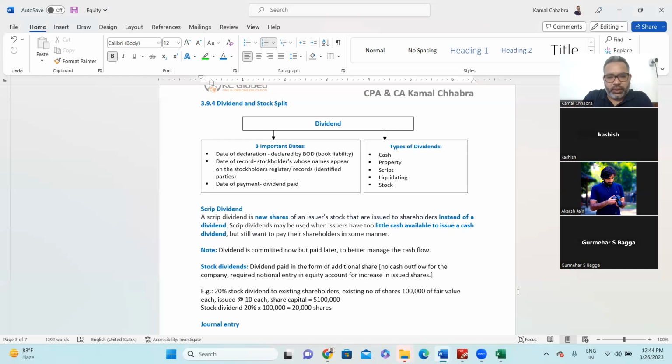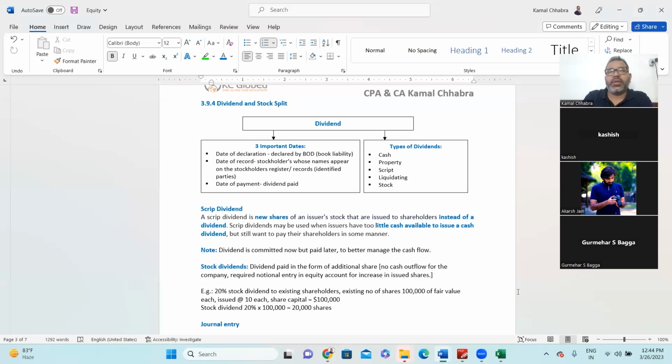Date of record. To whom do you need to pay the dividend, right? The shareholder whose name appears on the stockholder register or records at the time of declaration. So for example, your board of directors has approved or declared the dividend on 31st December 2022, right?